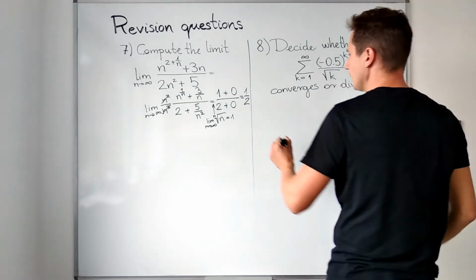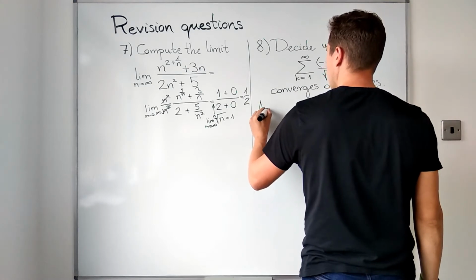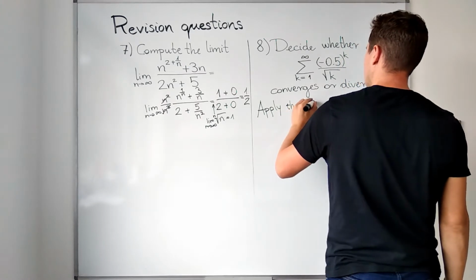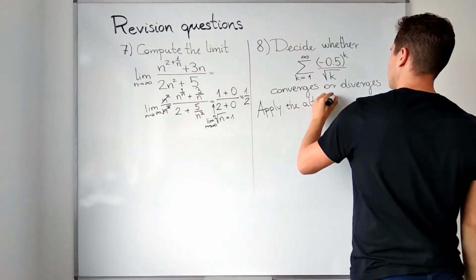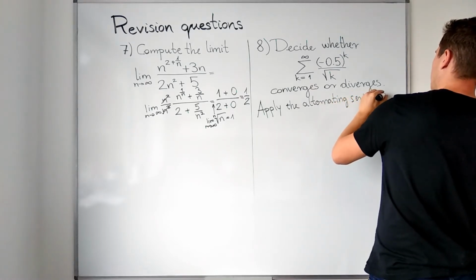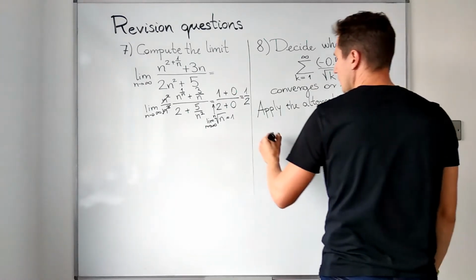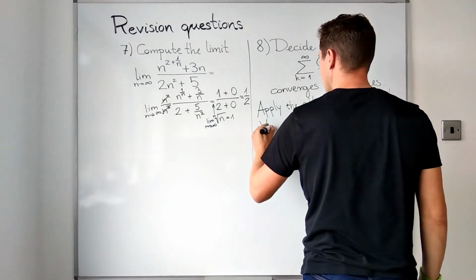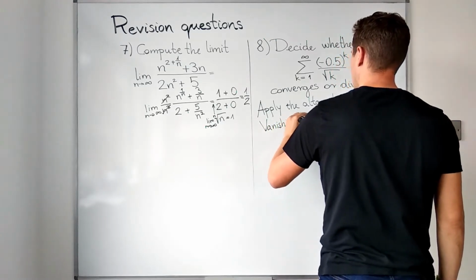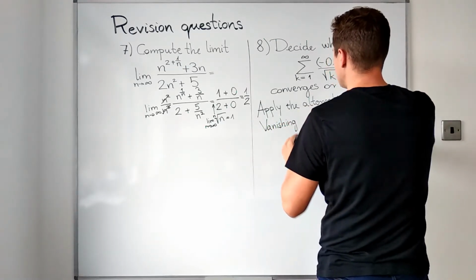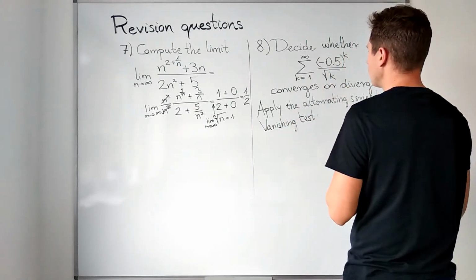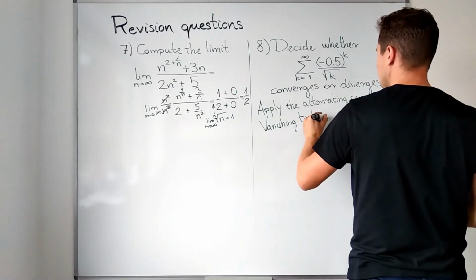This is an alternating series, so we'll apply the alternating series test, which consists of, first of all, the vanishing test, meaning that the general term in the sequence should converge to 0.